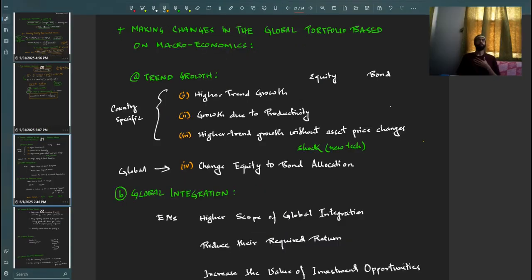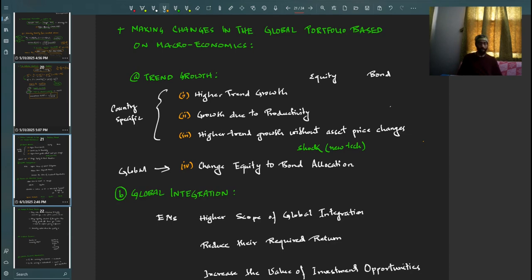Okay. So friends, let's say you are an analyst and you are looking to create for your investors a portfolio taking into account every kind of asset that is available in the entire global markets, right?